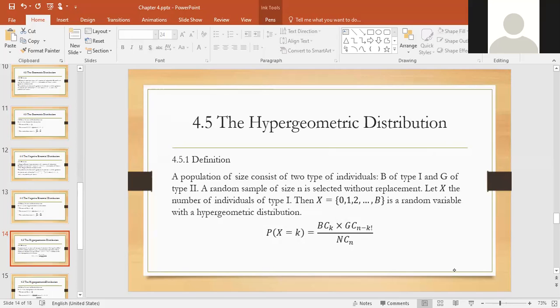We will say that a hypergeometric distribution results from an experiment in which a population of n individuals has B of a certain type and G of not that type. So we can say B successes and G failures, for example. A random sample of size n is selected from this population without replacement.